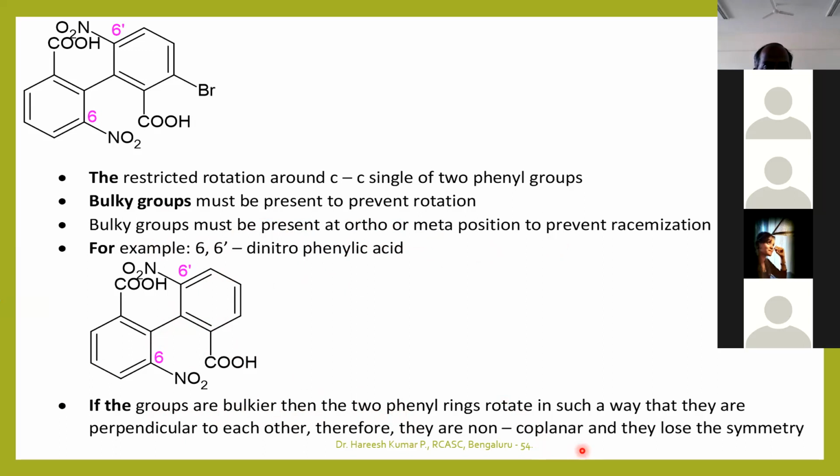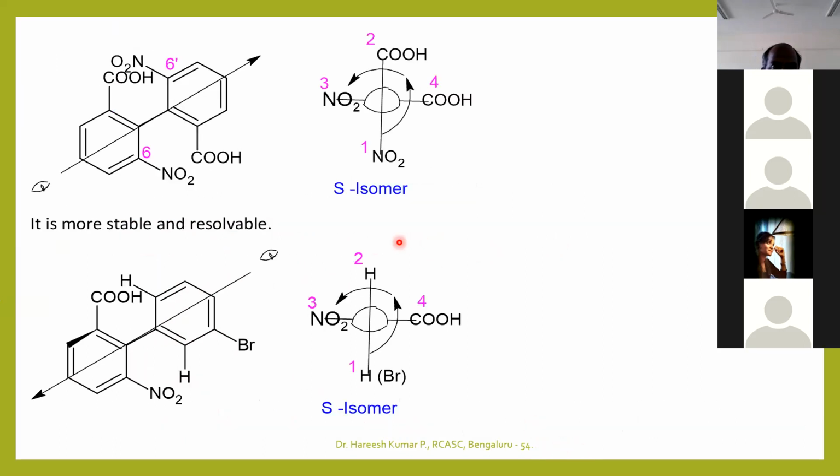So with this, I will go to the next slide. Here I will explain how you can assign the R and S configuration to biphenyl compounds. When you are looking at the biphenyl compound, you need to observe that on one side, on either of the two benzene rings, there should be a thick line.